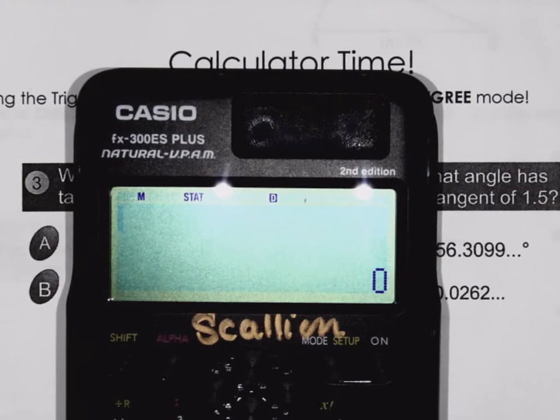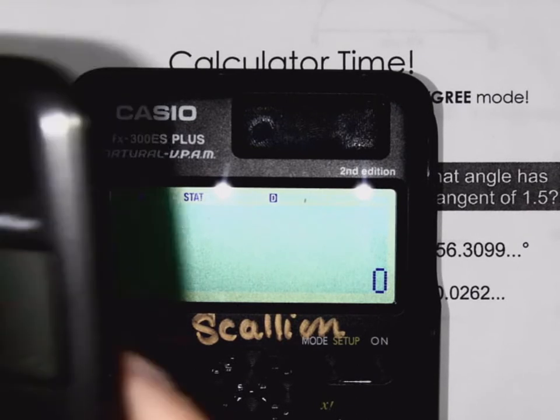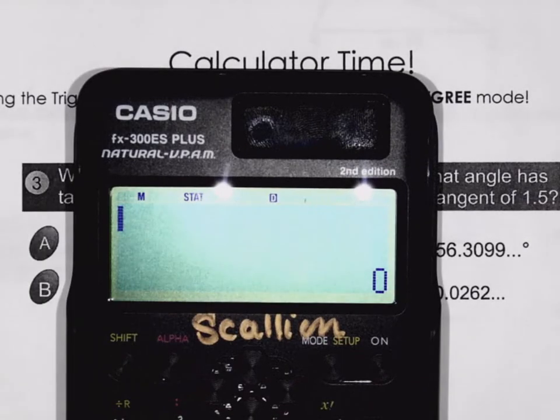No, not second function, change the mode. If you need me to help find it, please. No, that's not where we want to be. Shift.